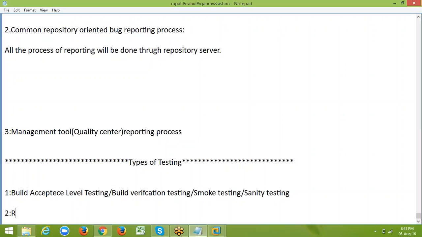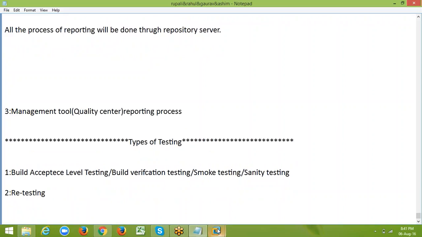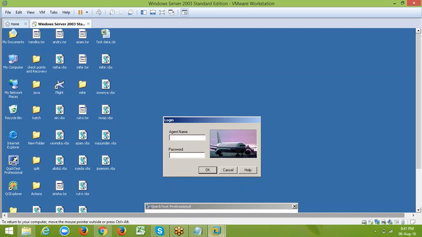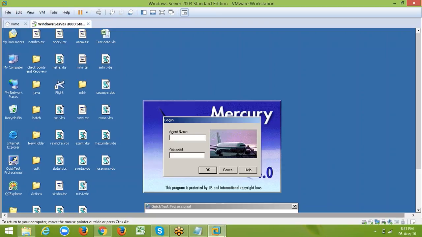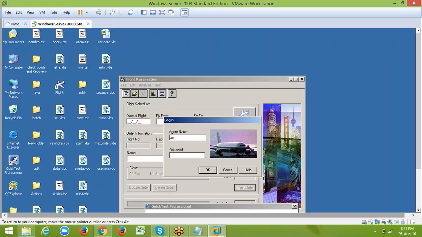Second one is retesting. So retesting means, observe, entering multiple sets of data to test the major functionality of an application. For example, here I am going to test multiple sets of data. So Sirisha Mercury is one set of data. Now I want to execute with Ashim Mercury.